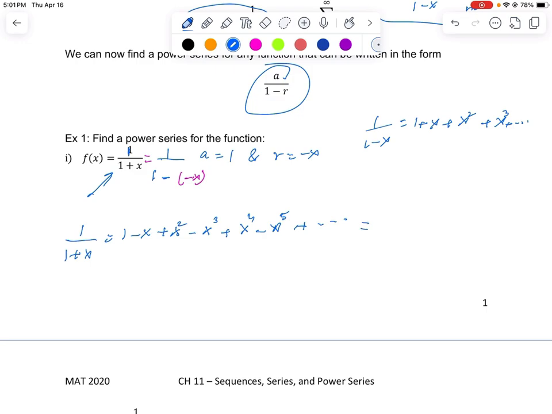So this we can write as summation n equals 0 to infinity. This will still stay 0 to infinity because we didn't do anything to go down a degree or up a degree. If we go down a degree or up a degree, then their n starts could change.